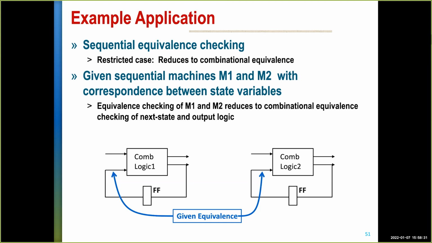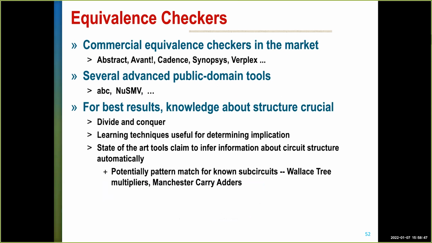We will see if we have time. The tool that we will use can actually do sequential equivalence checking, but we will see if we have time for that. Okay. And I think ABC is what we're going to see. Actually, there are several commercial equivalence checkers also in the market.